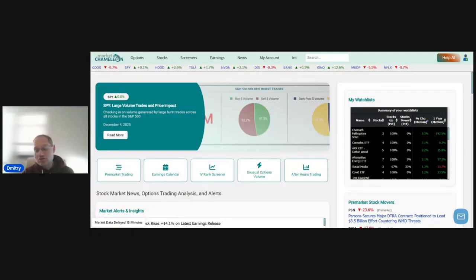If it's in the money by $3, it's $3. But calendar spreads don't work that way.